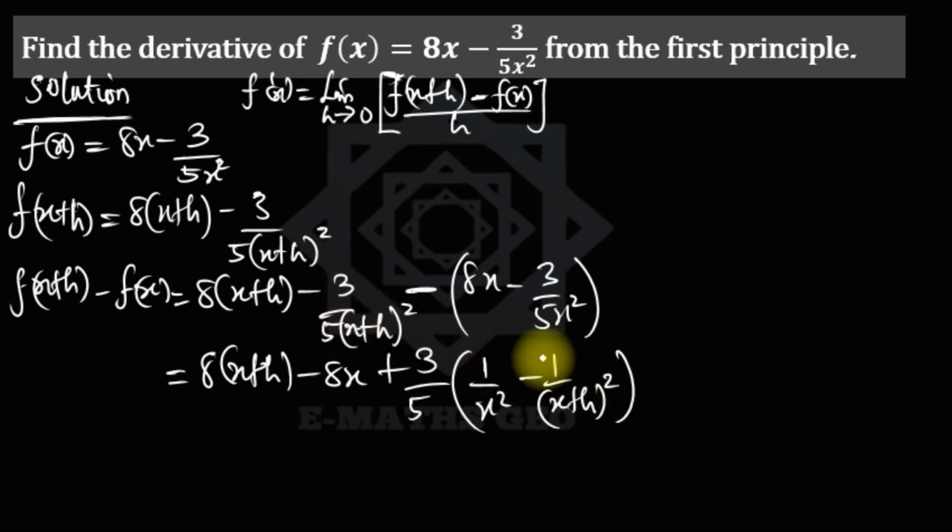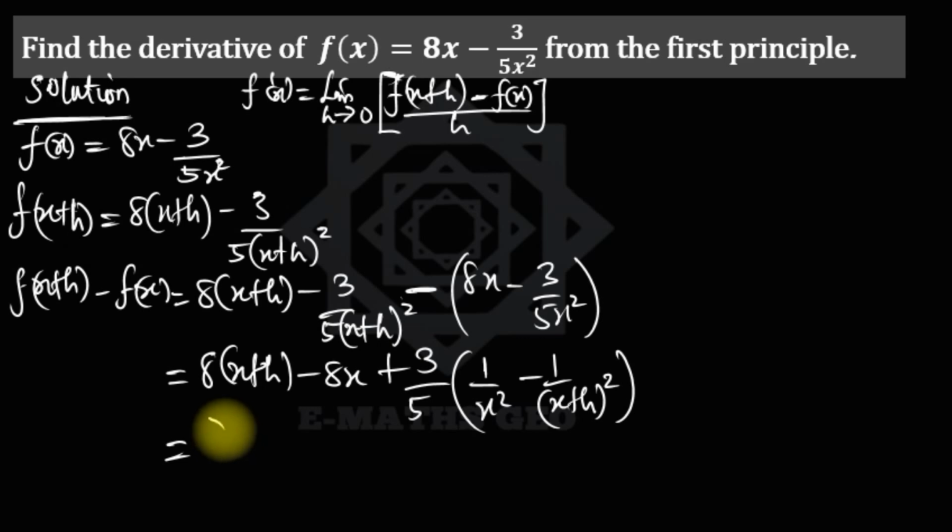I factored this, looking at this: minus times minus is plus 3 over 5x squared. So we see that we can subtract this.